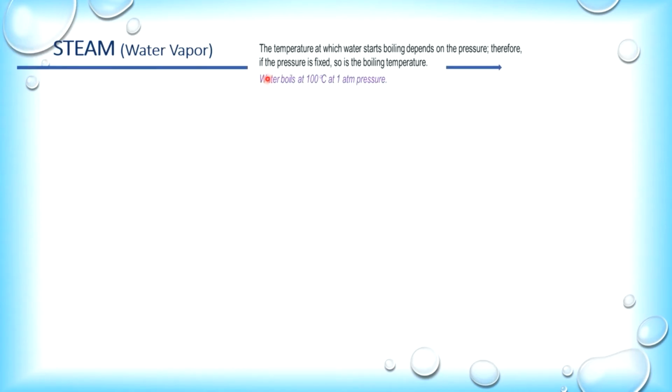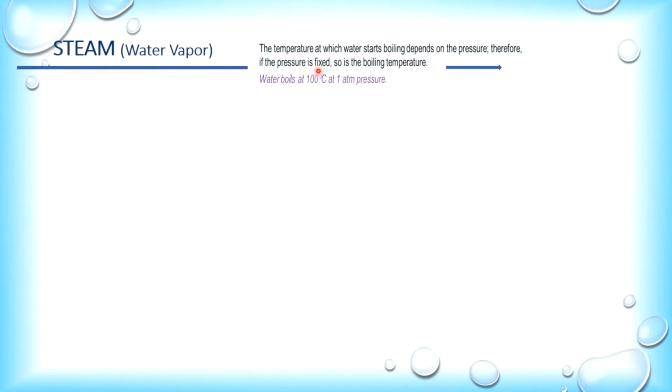So in this section, I will be explaining the changes of phase from water to steam. Now, the temperature at which water starts boiling depends on the pressure.